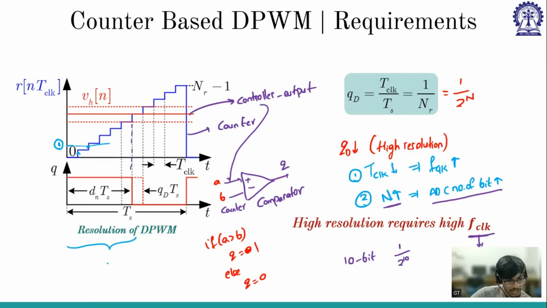This is one region where counter will increment, counter plus plus, as in C language. Counter is incrementing and Q is equal to 1. In the second region, counter plus plus and Q becomes 0. And at this instant, counter should be reset. So counter is equal to 0 and Q also 0.